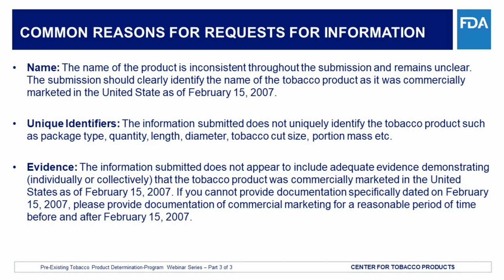Unique identifying characteristics of the product, such as package type, quantity, length, diameter, tobacco cut size, portion mass, and flavor should be consistent and clear throughout the submission. For example, if the information submitted does not clearly identify the tobacco product flavor, such as none, menthol, etc., the submitter may be asked to identify the tobacco product flavor.